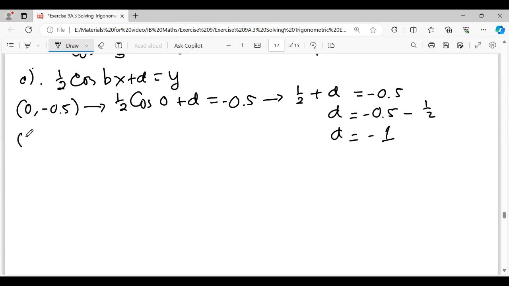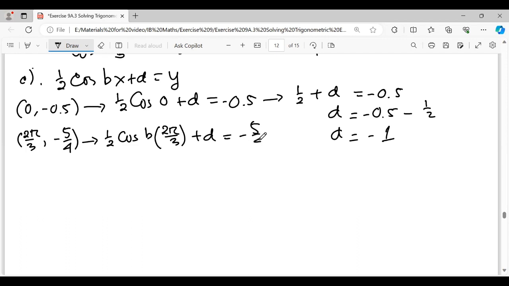The second coordinate point, 2 pi third, comma, -5 fourth, becomes half cosine b times 2 pi third plus d is -5 fourth.